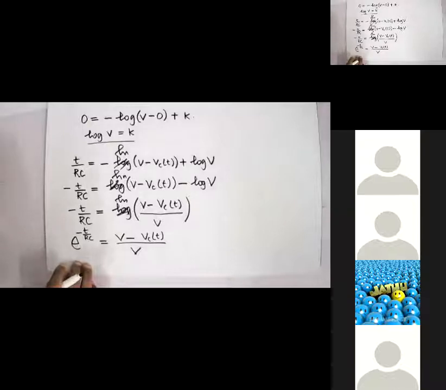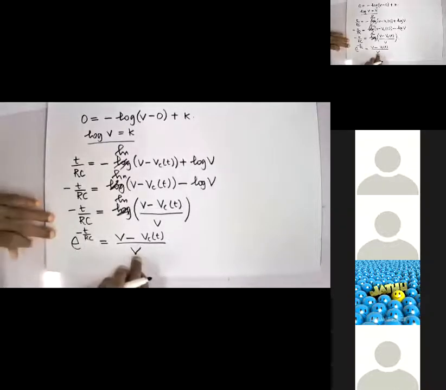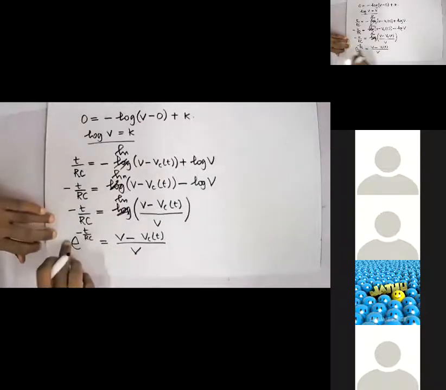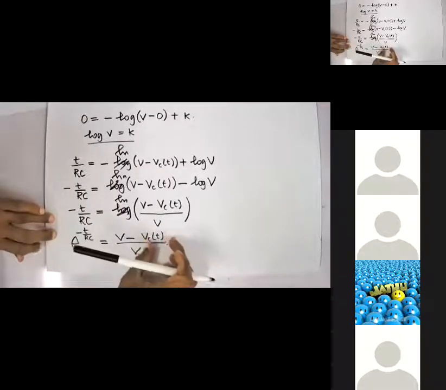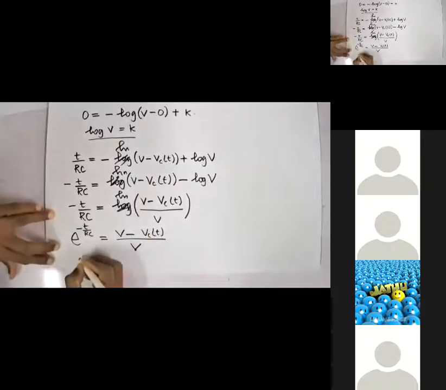Now I can multiply this one there, and I can take VC of t as the subject.